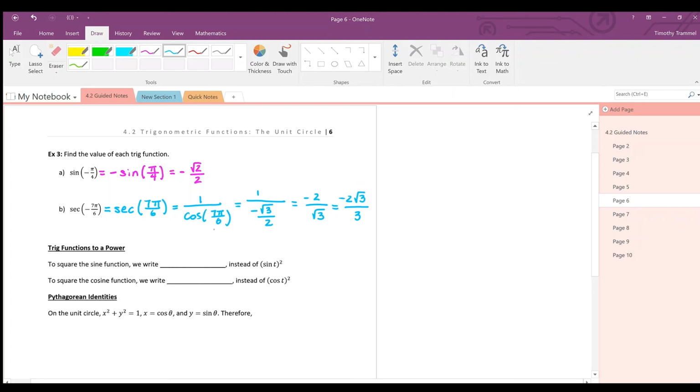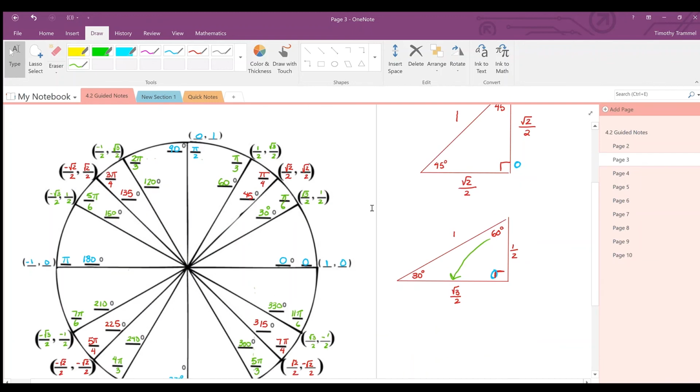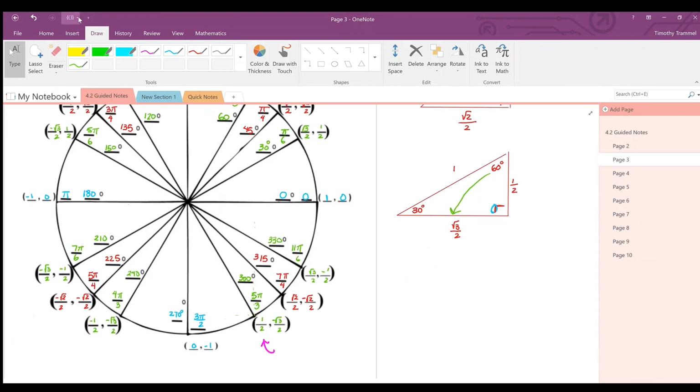Okay. But again, I want to show you that we could have done this a slightly different way, right? But do keep in mind we had 1 over minus the square root of 3 over 2 with this technique. Okay. We simplified it, but we had that. Okay. Let's try and do secant of minus 7 pi over 6. So I'm going to go to my unit circle, and we are going to rotate minus 7 pi over 6.